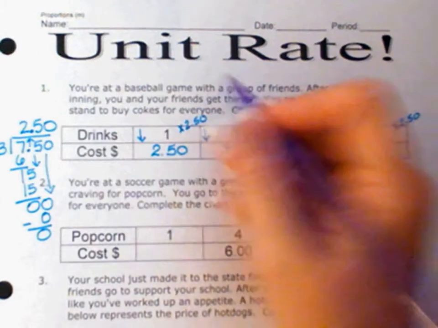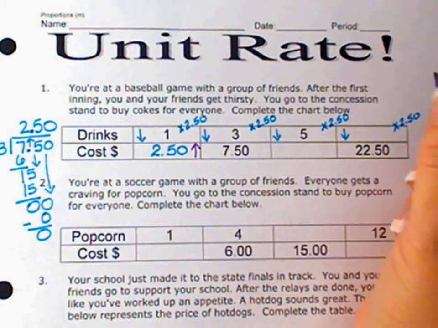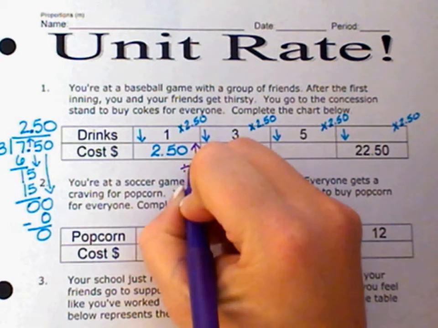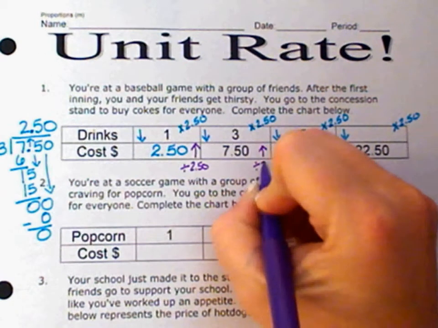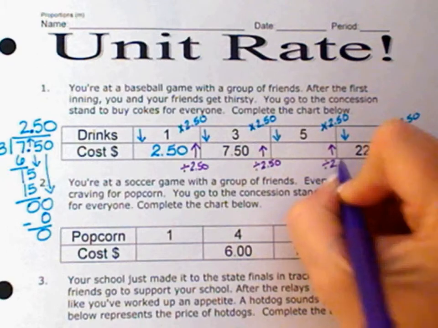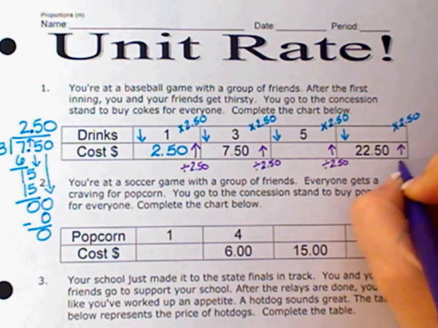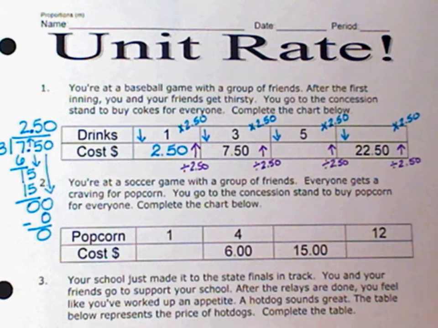But what if they ask me how many drinks for $7.50? Well, then I'm looking from my cost, trying to find the number of drinks. That would be dividing by 2.50. If it's good for one, it has to be good for all.